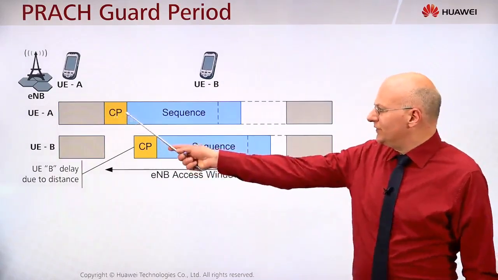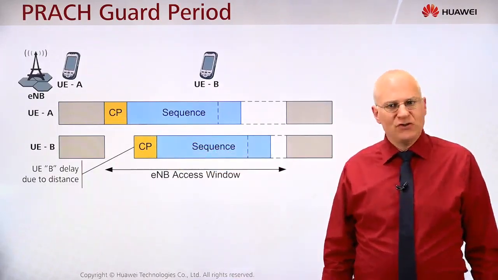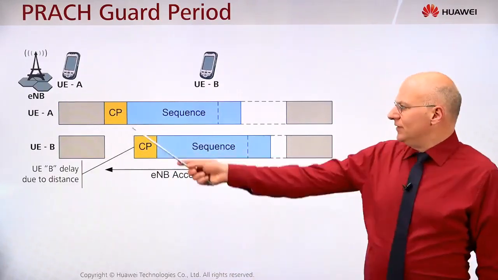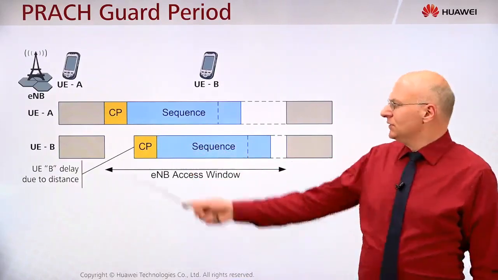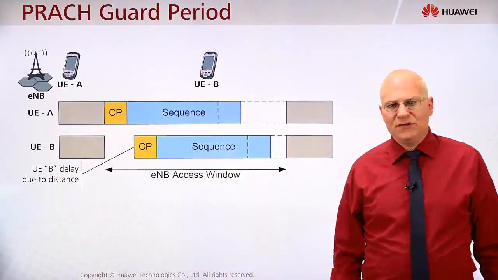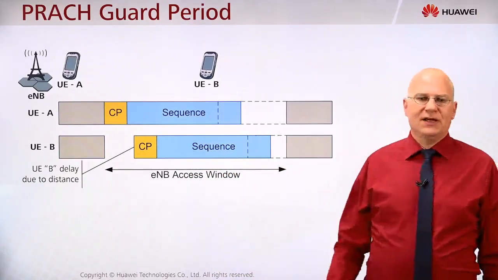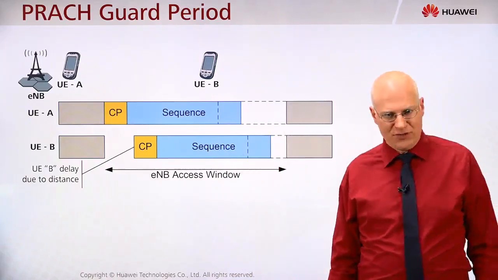So here we see no gap between the transmission of some other users maybe in the uplink, and then we see the starting position of the subframe, starting with a cyclic prefix, and then we have the sequence, and then the guard period. And after this, we have the transmission on another subframe.